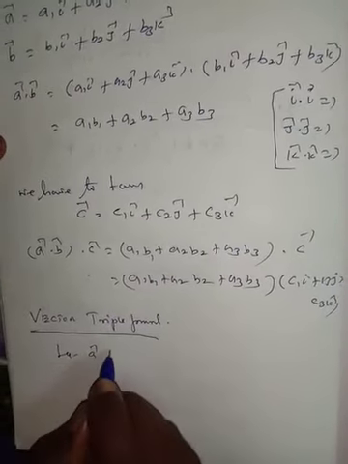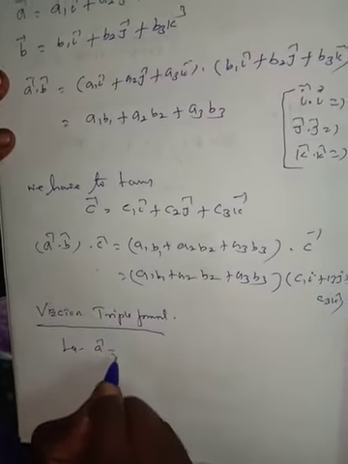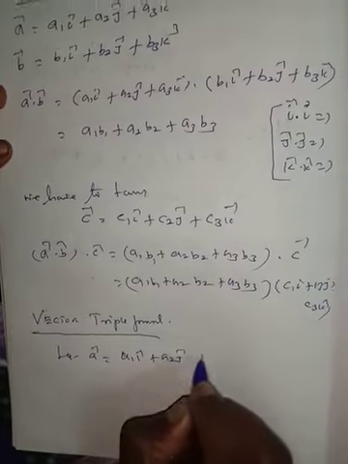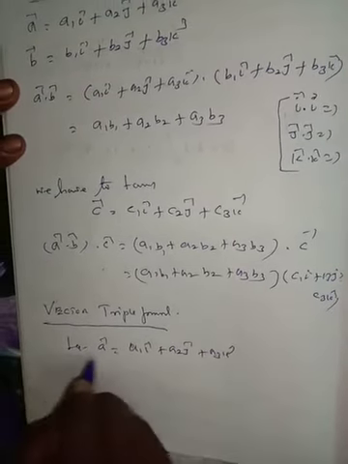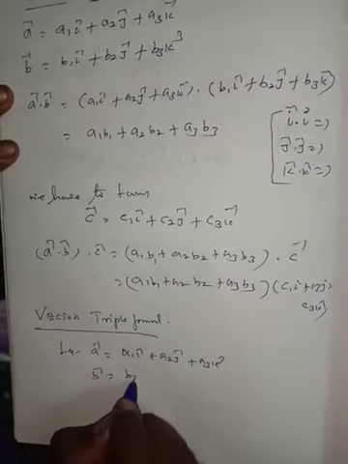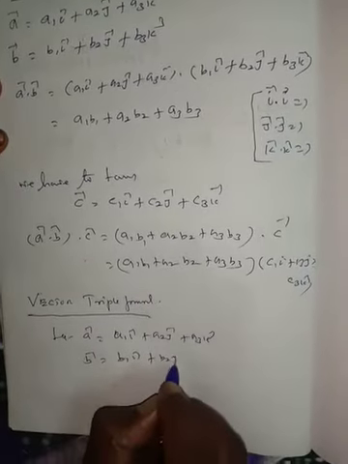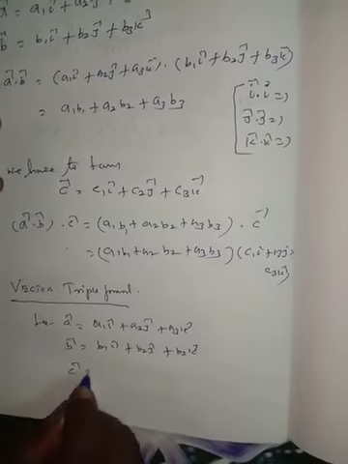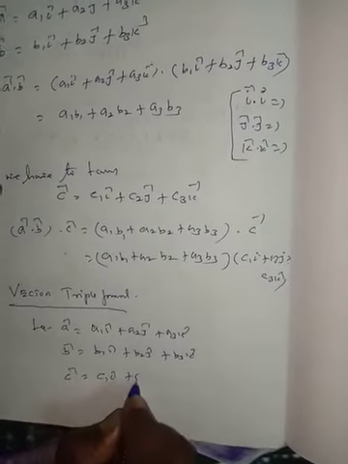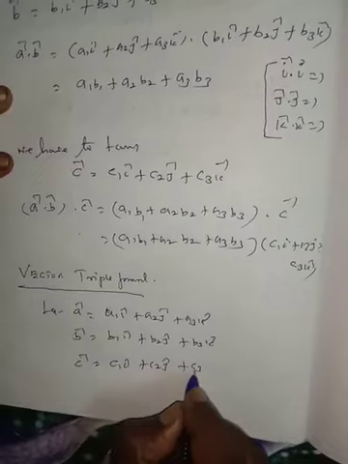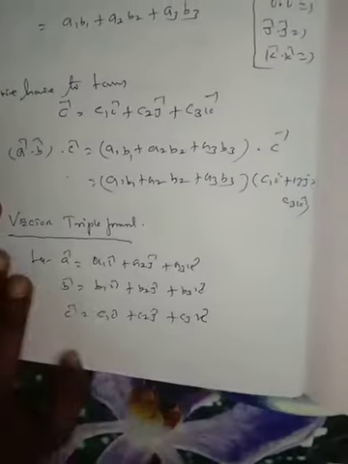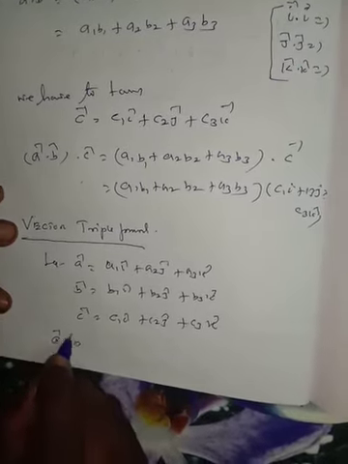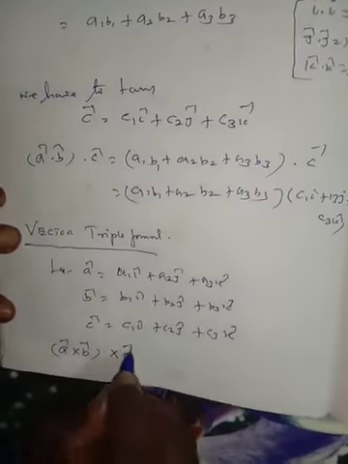Let a vector be equal to a1 i vector plus a2 j vector plus a3 k vector. b vector is equal to b1 i vector plus b2 j vector plus b3 k vector. c vector is equal to c1 i vector plus c2 j vector plus c3 k vector. Vector triple product is a vector cross b vector cross c vector.